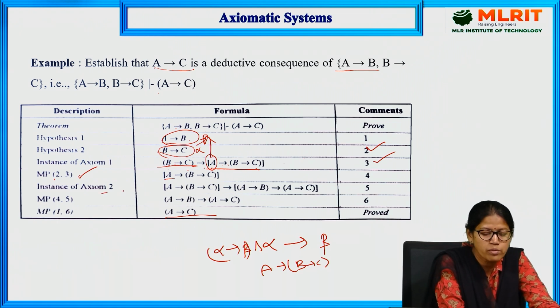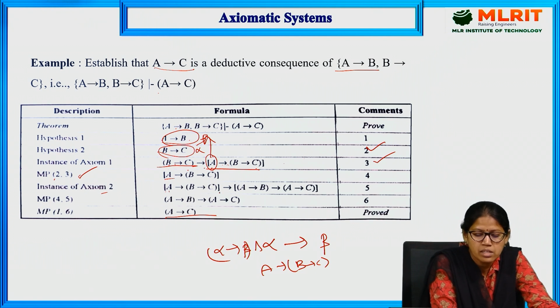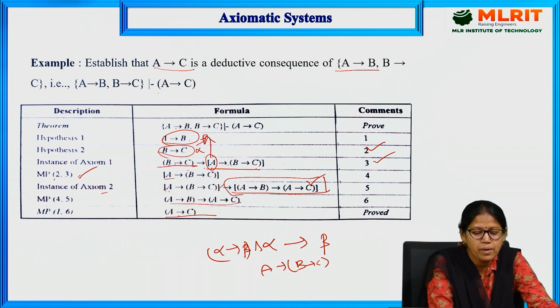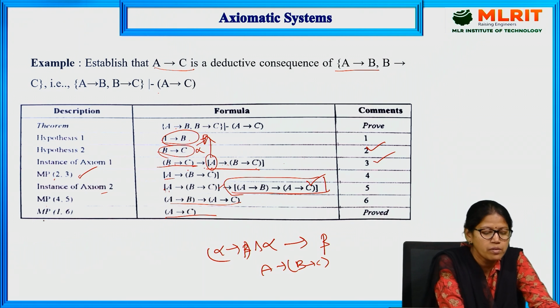Then the instance of axiom 2: (A implies (B implies C)) implies ((A implies B) implies (A implies C)). Next, again applying the modus ponens rule, we get (A implies B) implies (A implies C). From modus ponens on rules 1 and 6, we derived that A implies C.